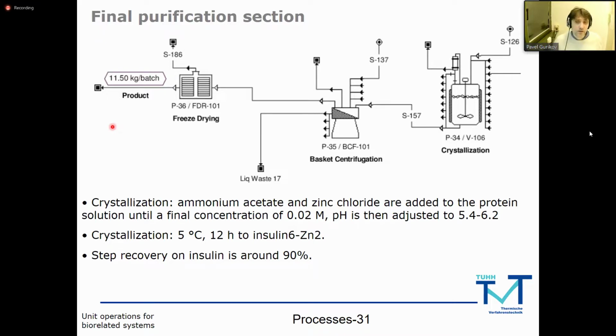Yeah, so we run 160 batches, if I'm not mistaken, 180, 160 batches, I think, per year, working around the clock. So it takes us 48 hours to get one batch through the entire scheme. 11.5 kilos is a significant amount.